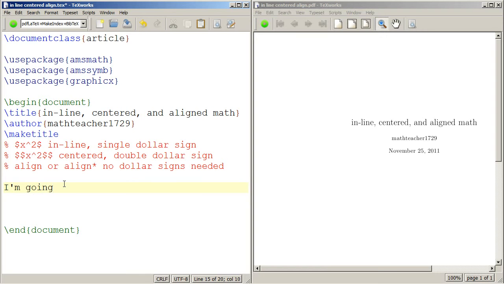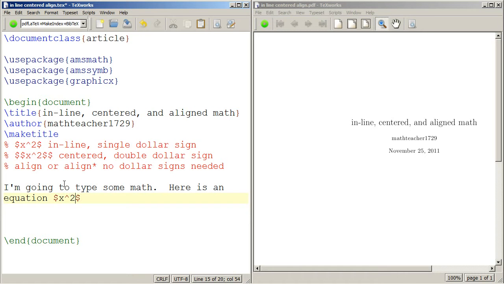So I'm going to type some math. Here is an equation: x squared plus, let's do square root y equals 3. Okay, that's just some equation that I'm typing. Here is another equation.